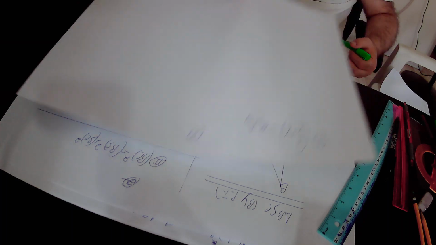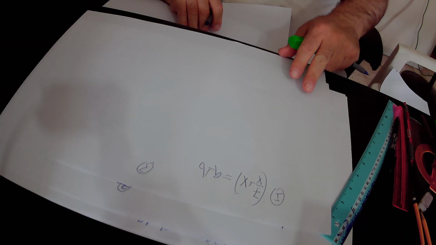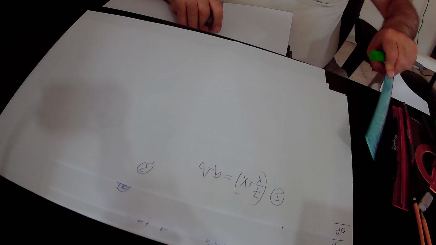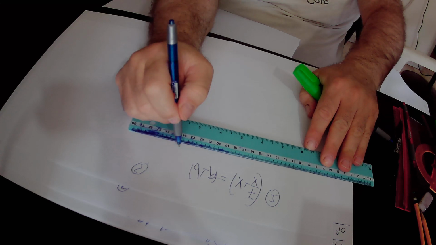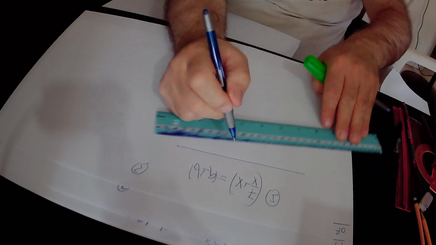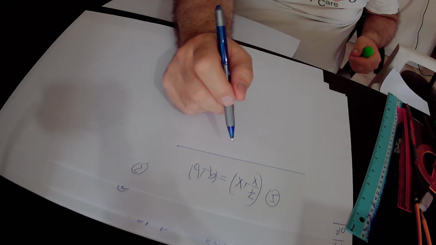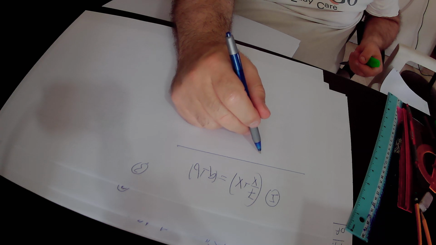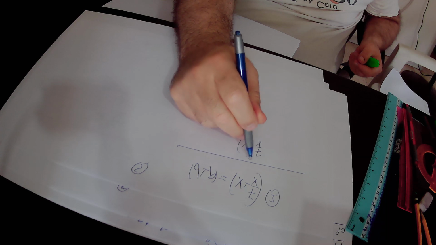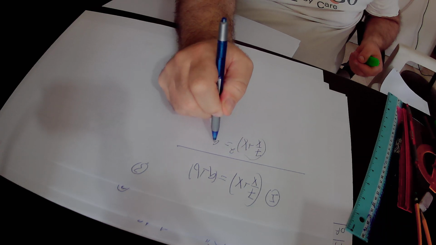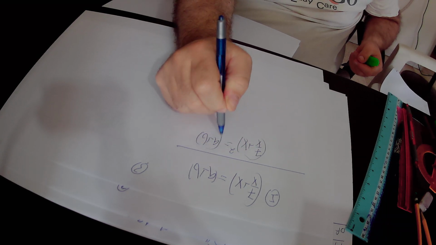Repeat again, according to equation 1, we already found out that 7 over x plus x equals a plus b. So if 7 over x plus x equals a plus b, it means that (7 over x plus x) squared equals (a plus b) squared.